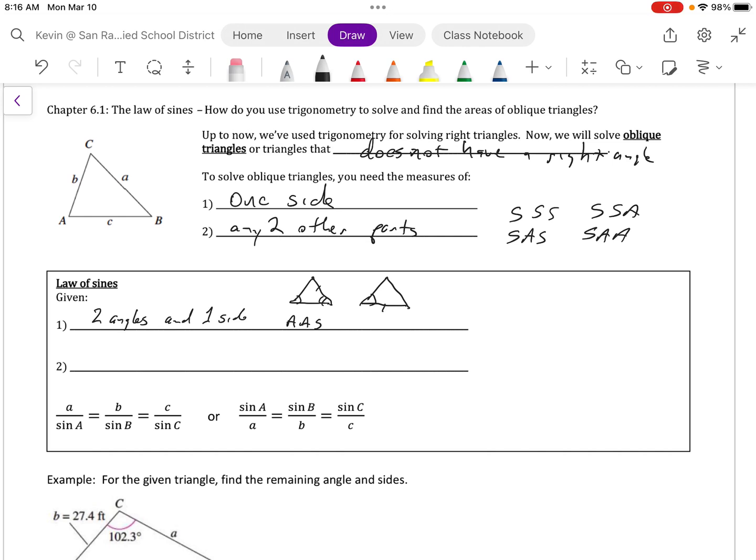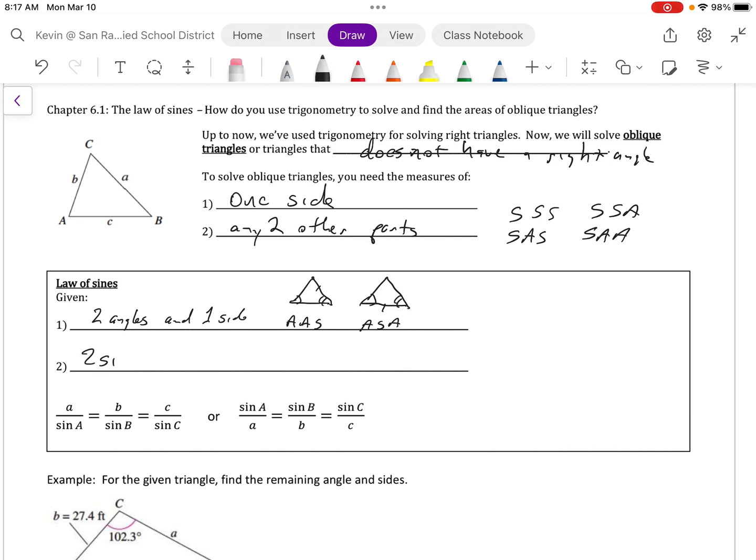Or you could have a triangle where you're given one angle, and the side inside the two angles. So that would be your ASA, angle, side, angle.